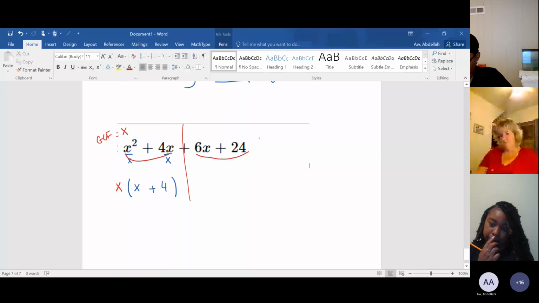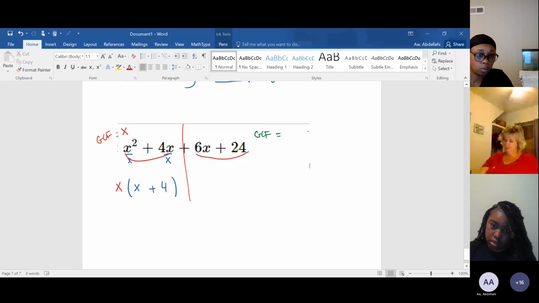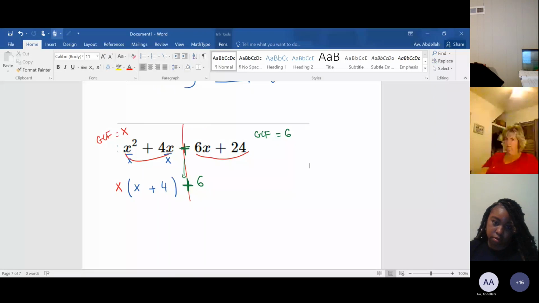What is the GCF out of the two terms, 6x and 24? Is it 3 or more than 3? It's 6. So we're going to put the GCF 6, with the plus in between. And look what happened when you factor 6.